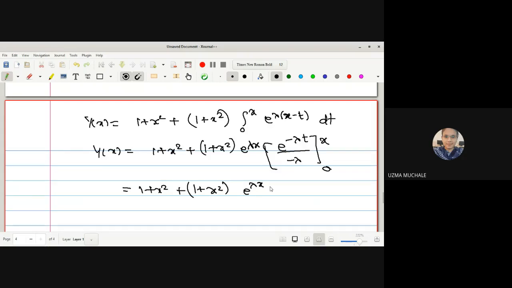E raised to lambda x as it is divided by this minus lambda, which is a constant we can take outside. Next e raised to minus lambda x minus e raised to 0 which is 1.